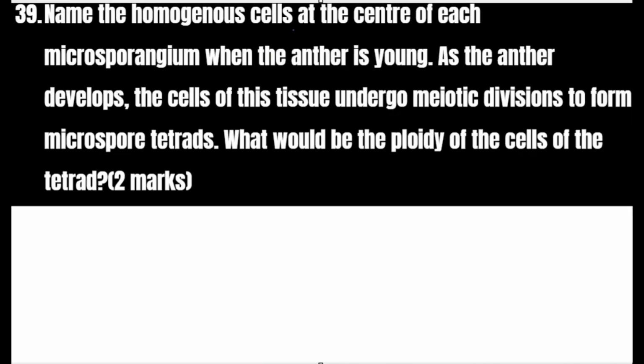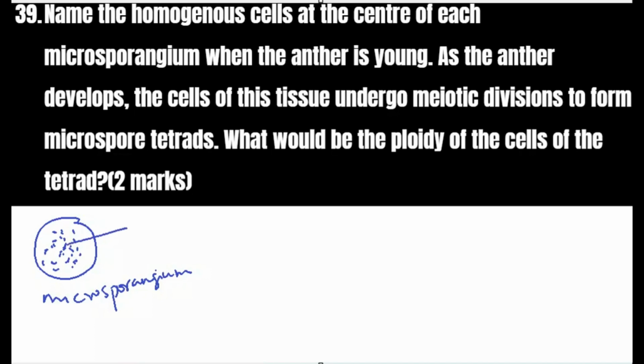Name the homogeneous cells at the center of each microsporangium when the anther is young. Suppose this is a microsporangium. There are some homogeneous cells here when they are young.